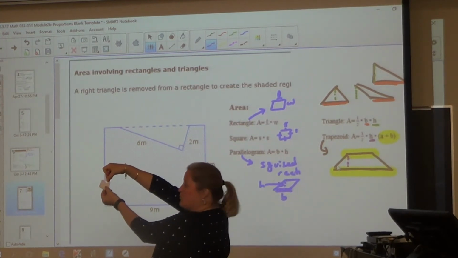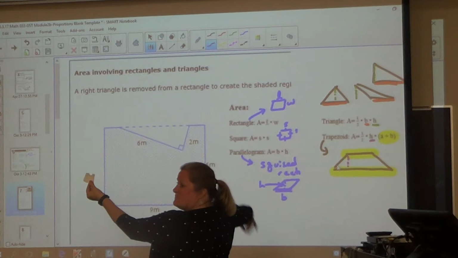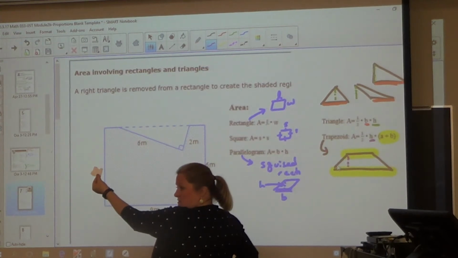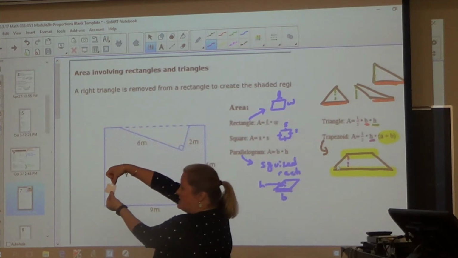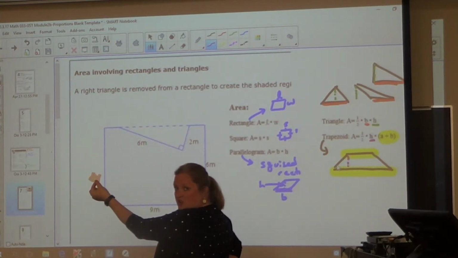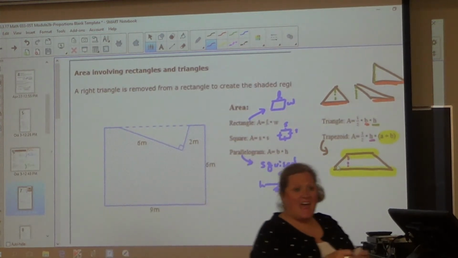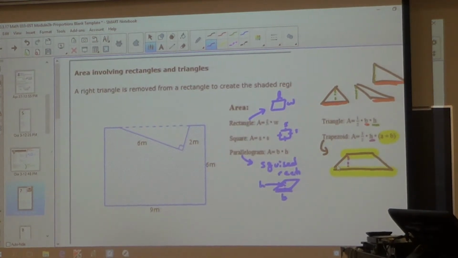So I took the rectangle and I subtracted the triangle. Y'all see that? Rectangle, subtract a triangle. It's not adding, because if it was adding, it would be a rectangle plus a triangle. So what this one is, it's a rectangle subtract a triangle.